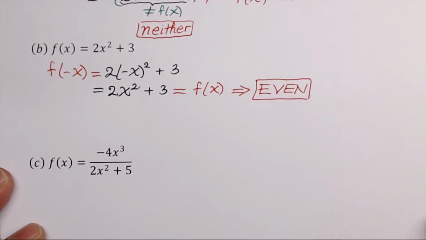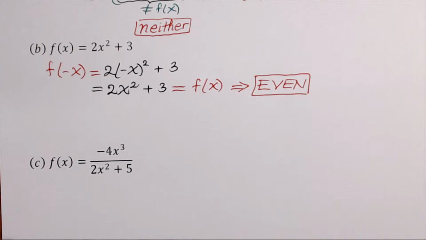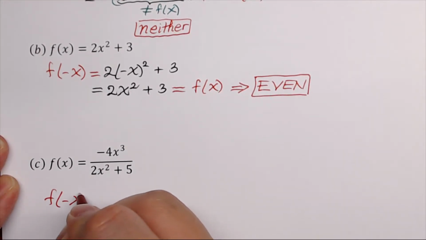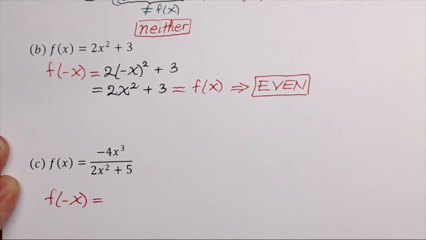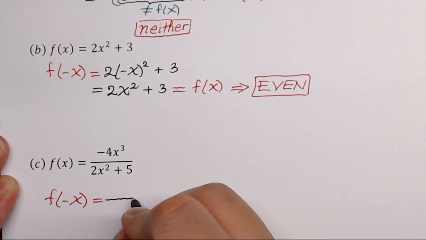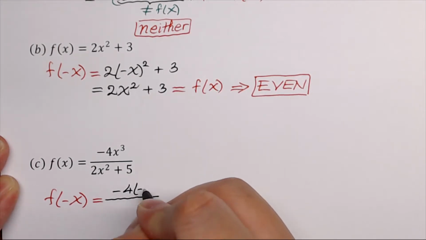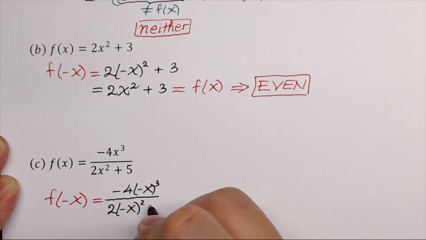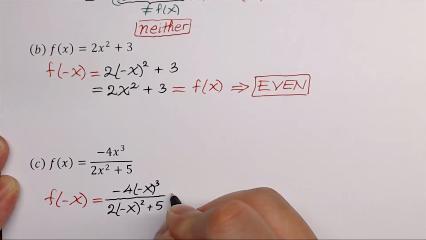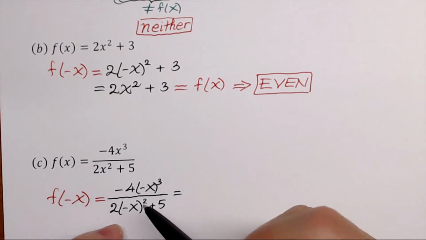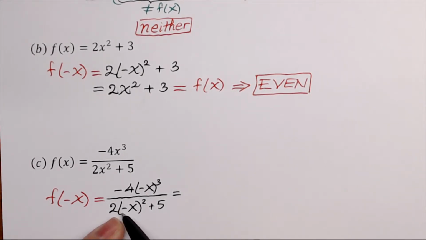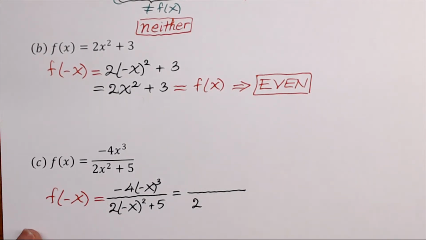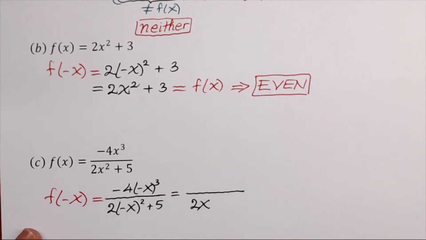We could have a rational function like this as well. Still do the same thing. F of negative x. So we put negative x into x. Now when we look at this, we'll see at the bottom negative squared, so that would be positive x squared, so 2x squared plus 5.